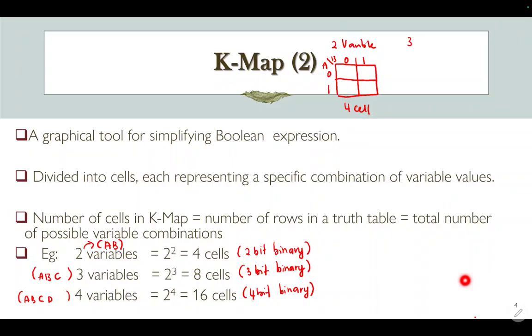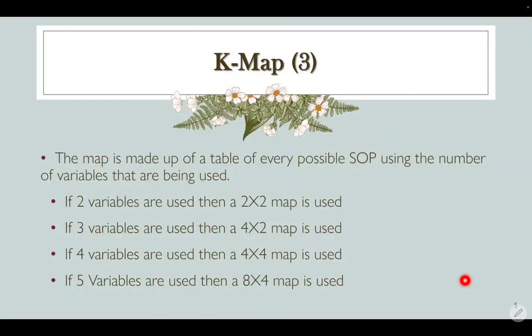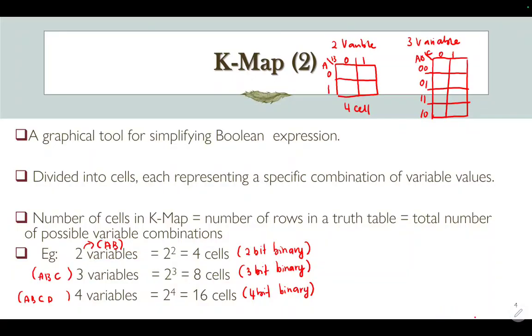For 3 variable, you can have 2 to the power of 3, where you can have 8 cells. Got A, B, C, 3 variable. A and B 0, 0, 0, 1, 1, 1, 1, 0, 0 or 1 for C. So if you count, you can have here 8 cells.